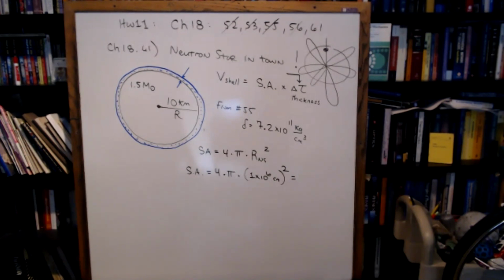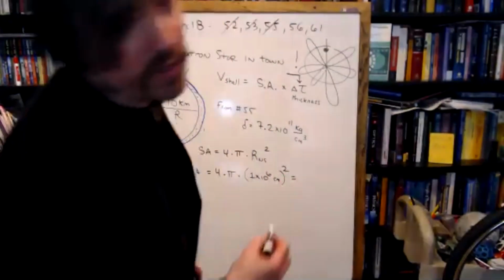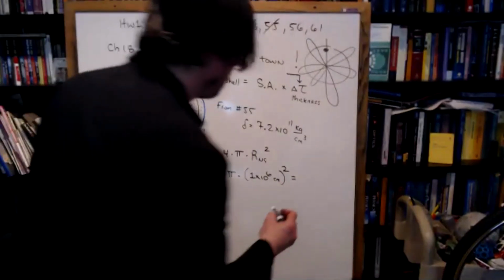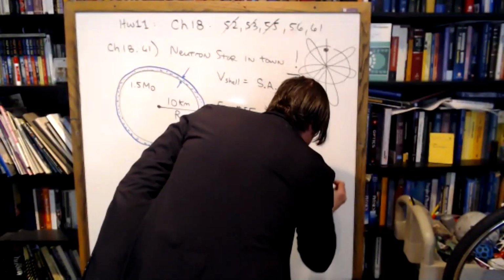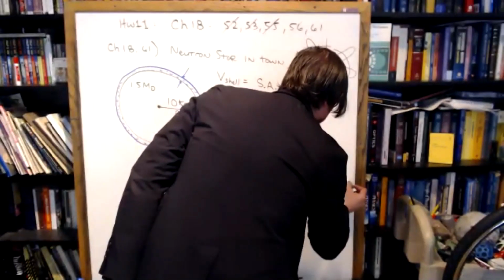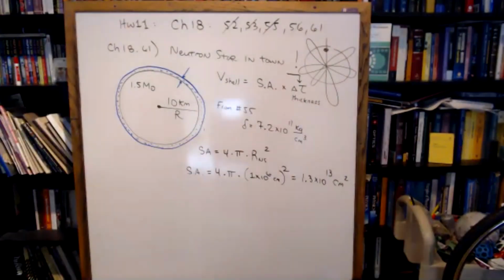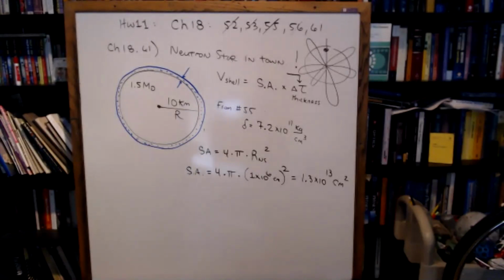Wait, 1.3 times 10 to the 13? 1.3 times 10 to the 13, Morgan? What are my units? Centimeters squared, right? Can somebody else verify that, please? It's good. All right, here's the moment of truth.